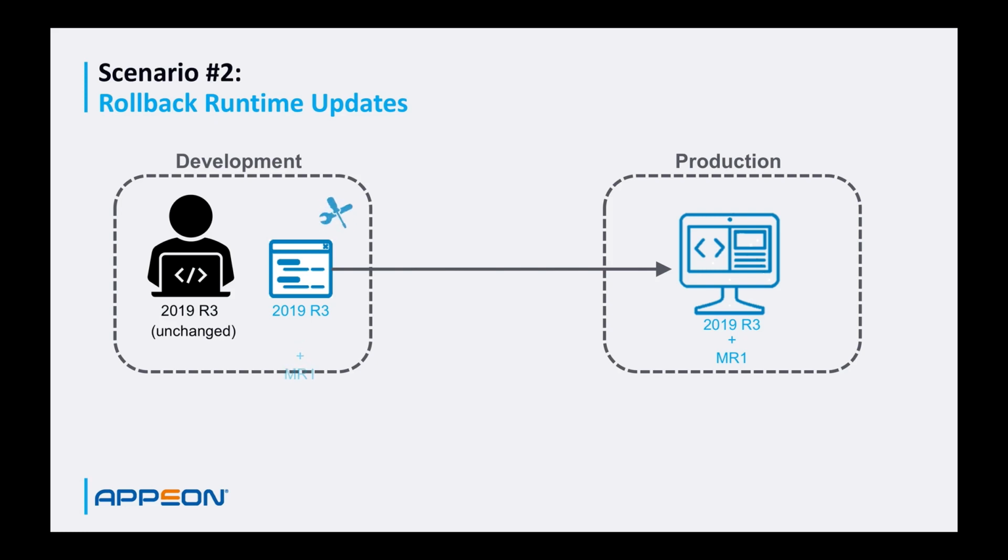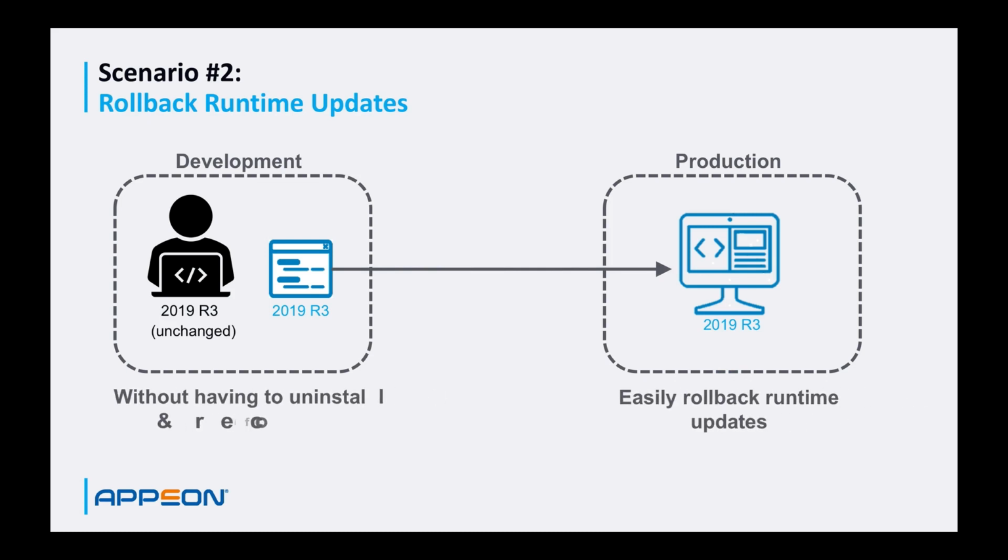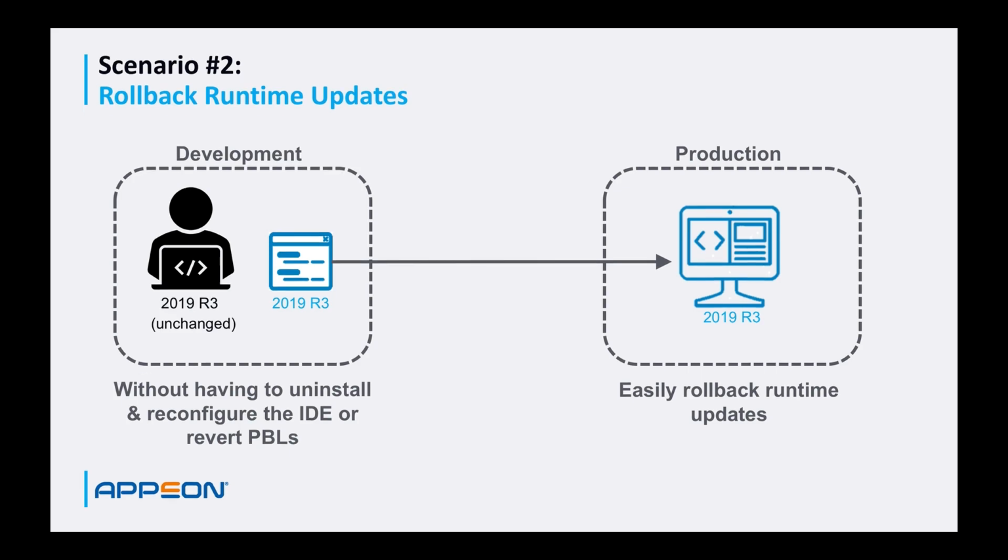And we simply switch that out in our IDE and say, now we want to compile our app with 2019 R3, without having to uninstall, reconfigure, revert PBLs, do all of that nonsense. And we simply then recompile and update our production environment, and we're now back to how everything was working great. So we're easily rolling back runtime updates without having to uninstall any runtimes or the PowerBuilder IDE, reconfigure, or revert PBLs.